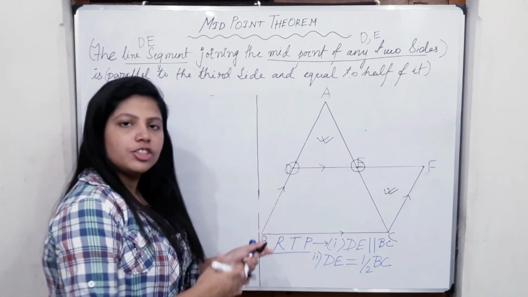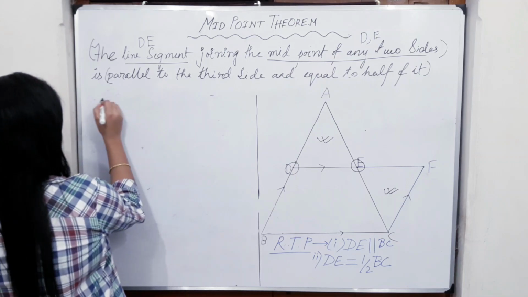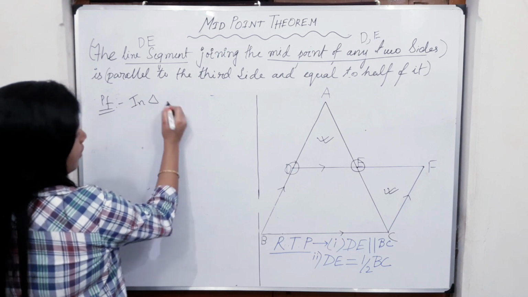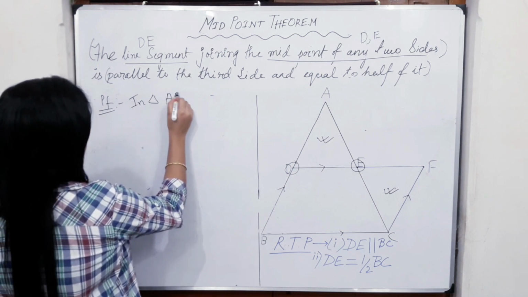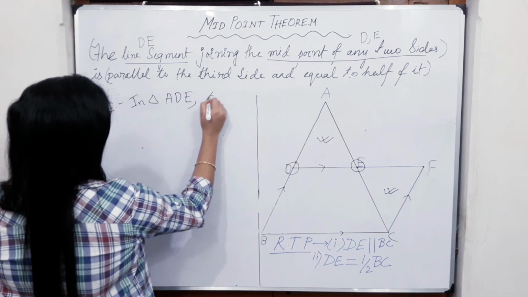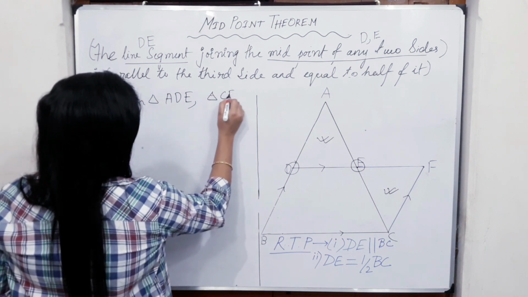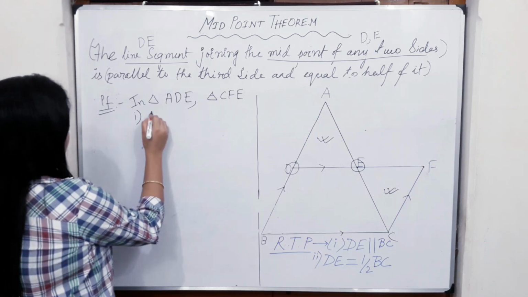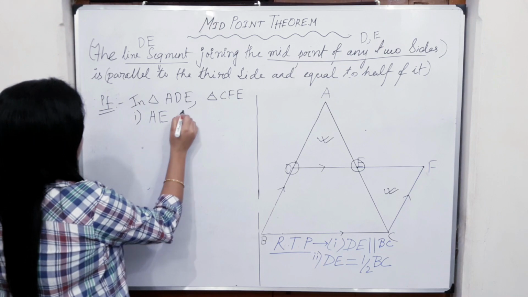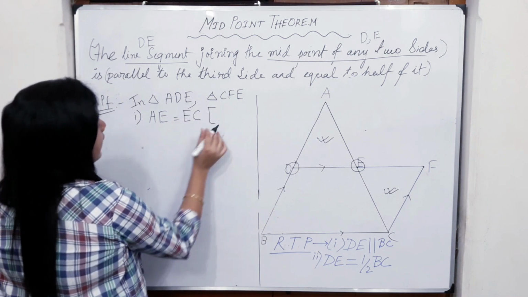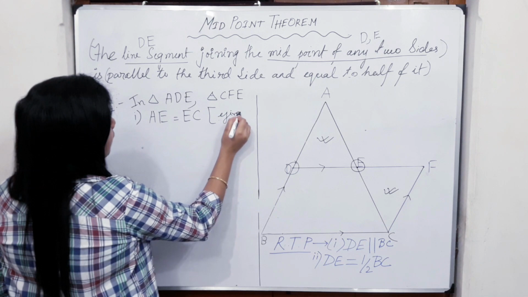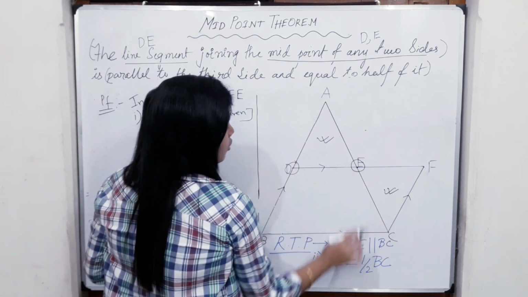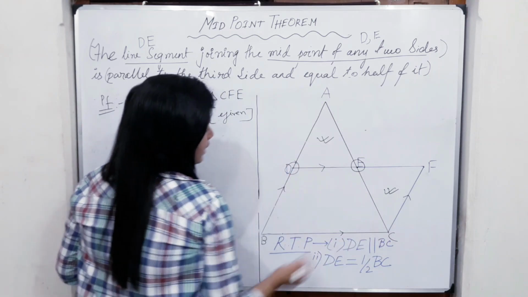So we need 3 conditions for that. It is the proof part here. So in triangle ADE and triangle CFE, number 1, we can say that AE equals EC. Why? Because by given condition E is the midpoint of AC, so we can write AE equals EC.